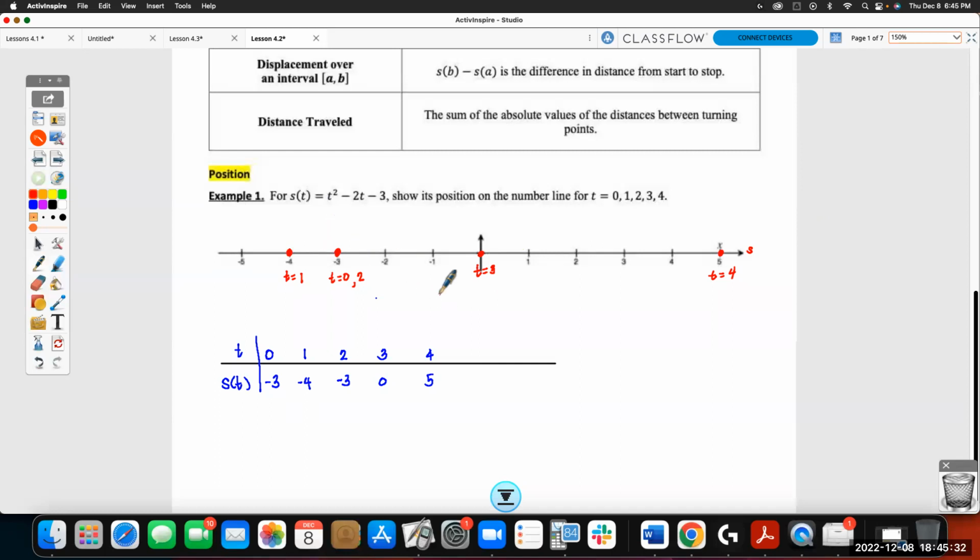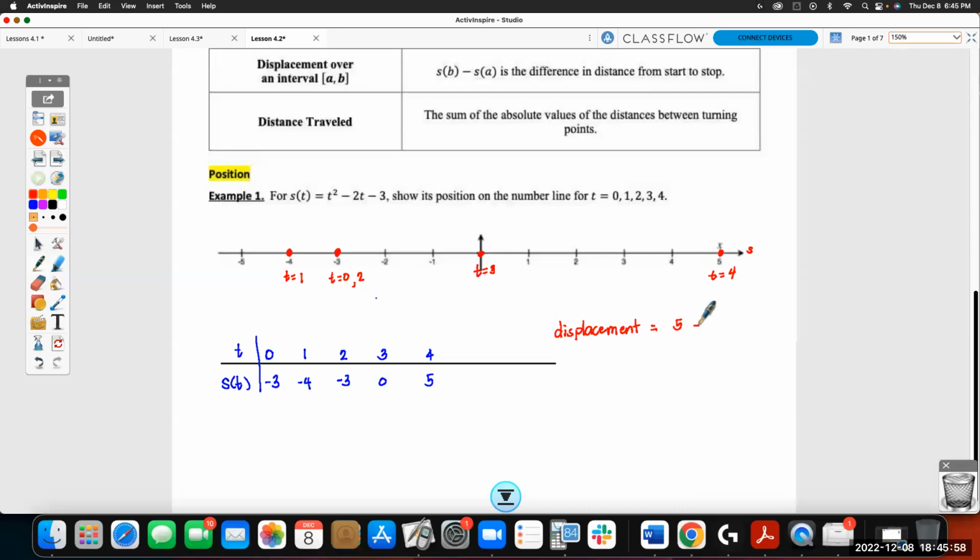Now, if you want to find the displacement for this one, it's the distance between the final position and the initial position. So your final position is at 5.